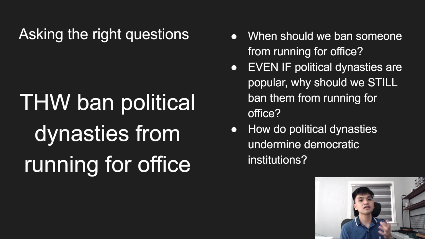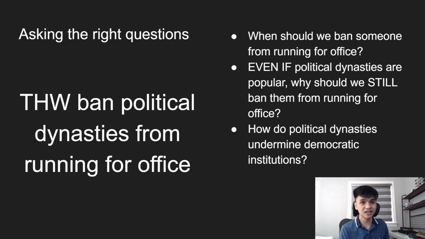And here, the simple question we started off with, on whether political dynasties are good or bad, or when we should ban someone from running for office, allowed us to reach the eventual question of how political dynasties undermine those democratic institutions. And so we don't really need to scrap all our arguments or our initial ideas.